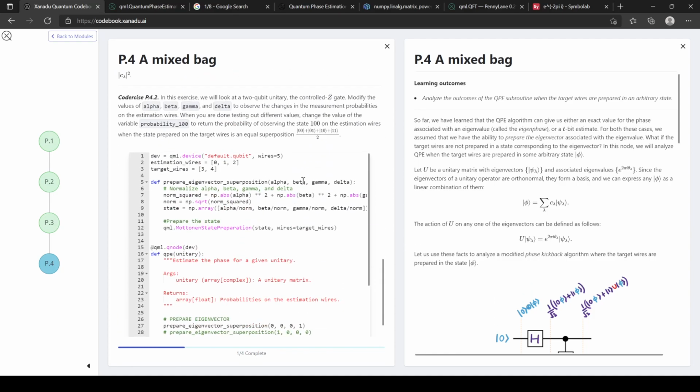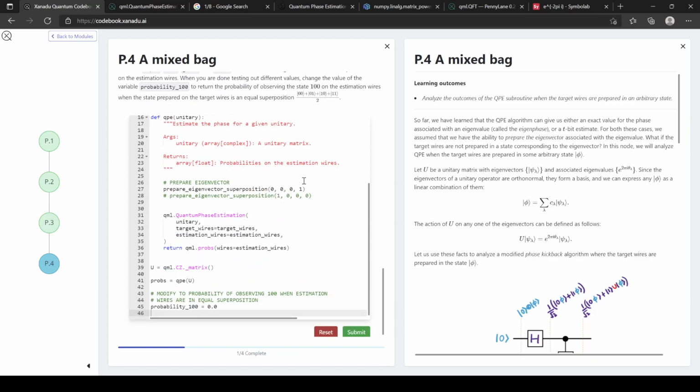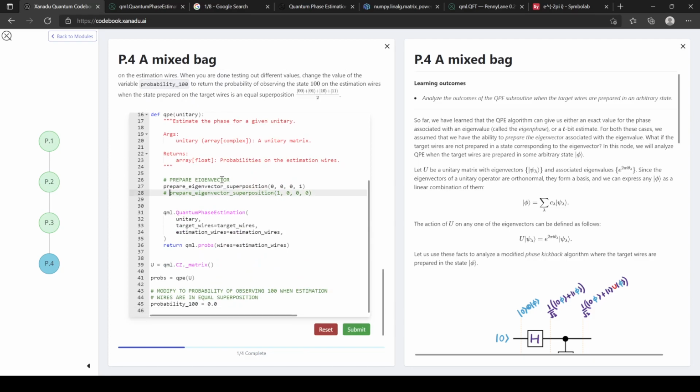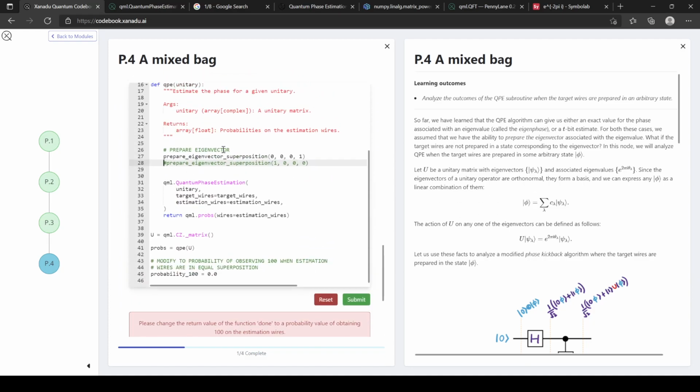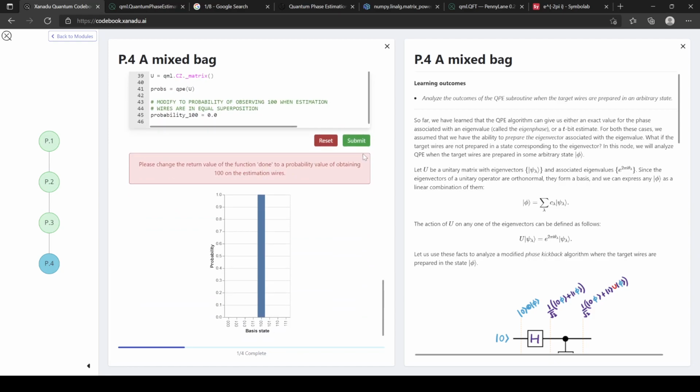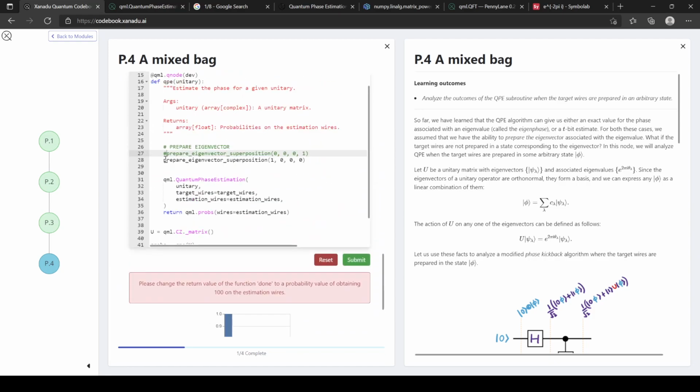And this exercise, we'll be looking at 2-qubit unitary to control Z gate. Modify the values of alpha, beta, gamma, and delta to observe the. Okay, let's check this out. All there. All there. Now let's try.